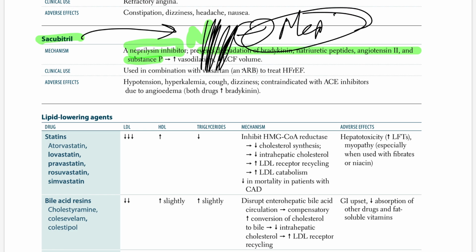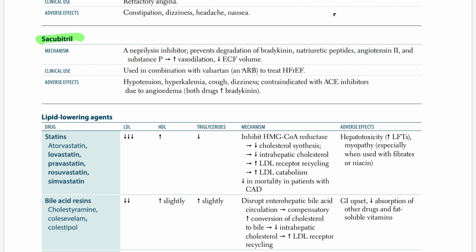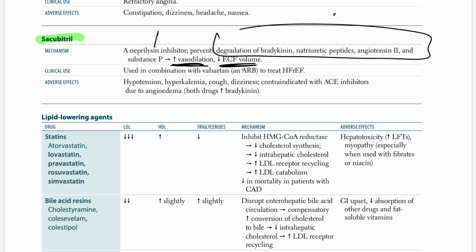And when you inhibit neprilysin, these substances will lead to an increase in vasodilation and a decrease in extracellular fluid. And this is used in combination with valsartan.